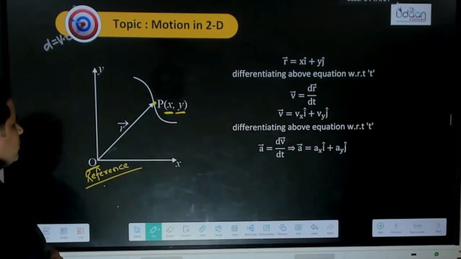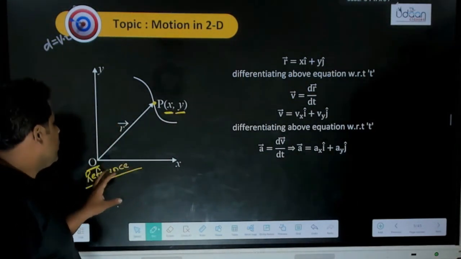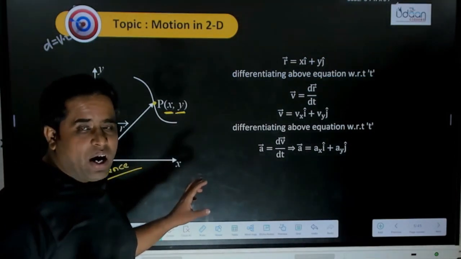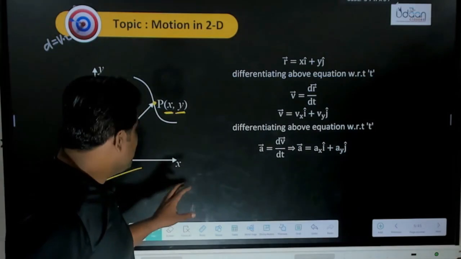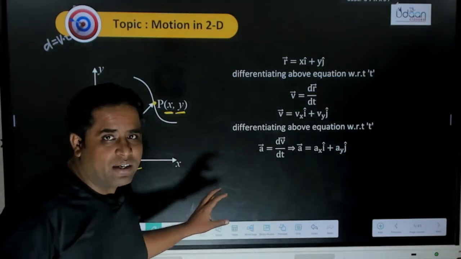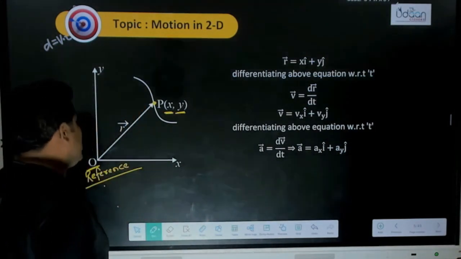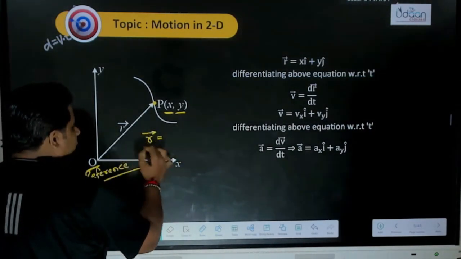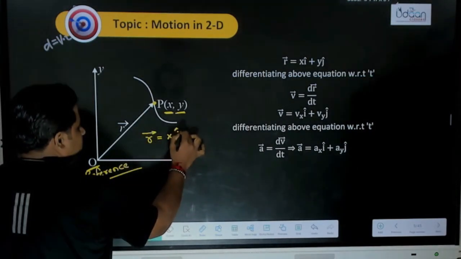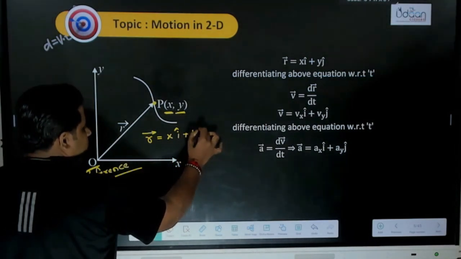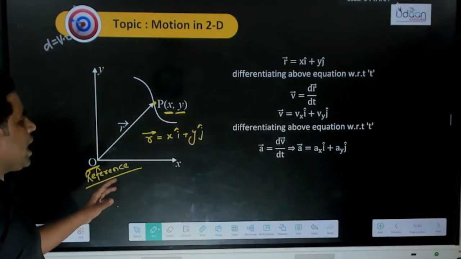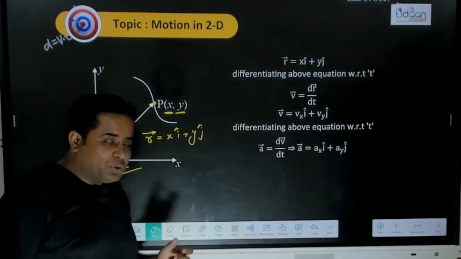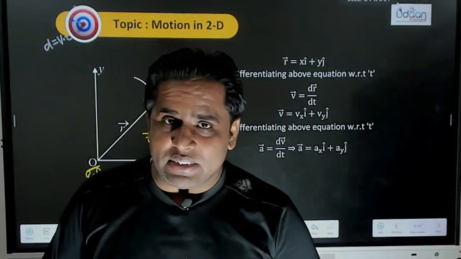Right students? Very good. So we have gone through the initial and introductory part of 1D motion, or in the vector we have been seeing the position vector, right? So how are you going to write the position vector here? You can write the position vector like this: r vector is equal to x i cap plus y j cap. If I am not wrong, you are very much familiar with this kind of equation.